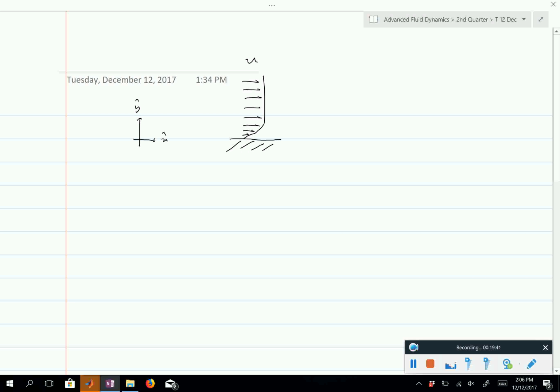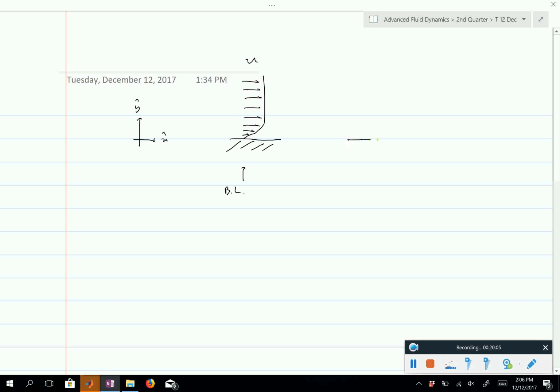If this is the Blasius solution, right? If you have the corresponding ideal flow where you neglect the effect of viscosity, then the velocity is U everywhere, right? So this is when you have a real boundary layer, so you include the effect of viscosity and you do have a no-slip boundary condition.